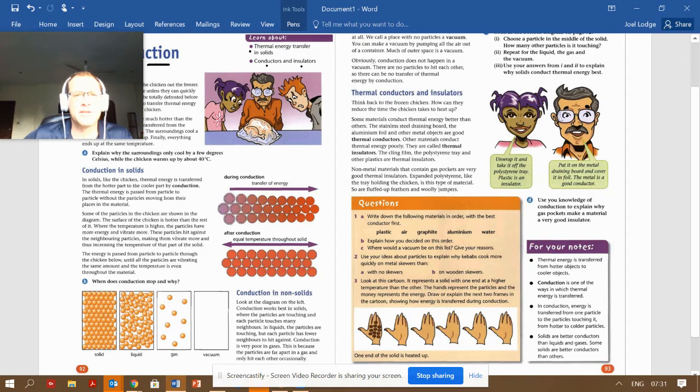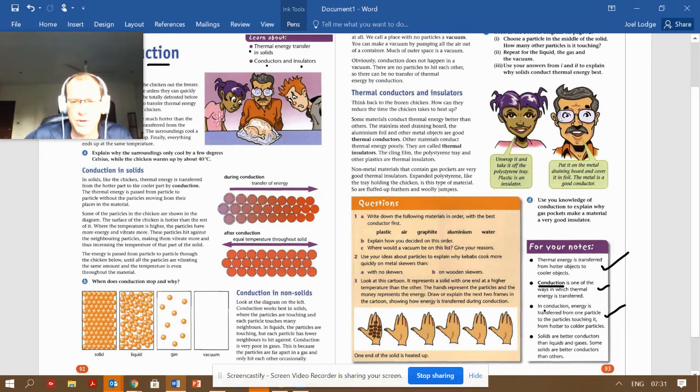What are conductors? What are insulators? Thermal energy is transferred from hotter objects to cooler objects. Energy always flows from an area where there is lots of energy to where there is less energy. Conduction, the key word we're looking at today, is one of the ways in which thermal energy is transferred.